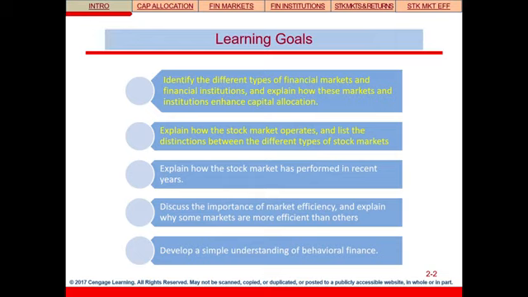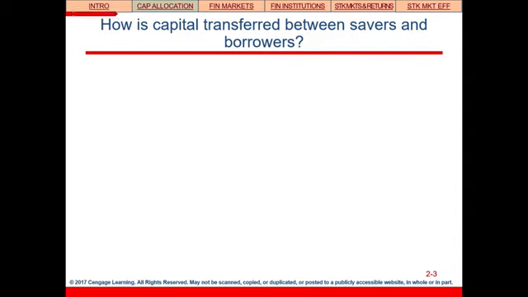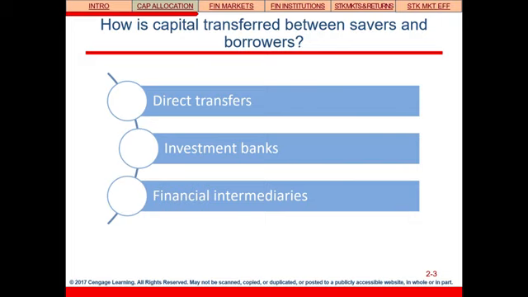Okay, now let's have a look at the capital allocation process first. So how is capital transferred between savers and borrowers from the supply side to the demand side? There are three ways. The first one is direct transfers of capital. This is just directly from one person to the other.